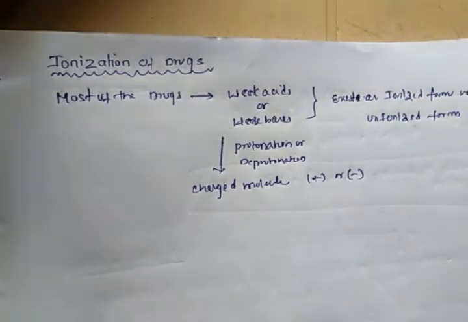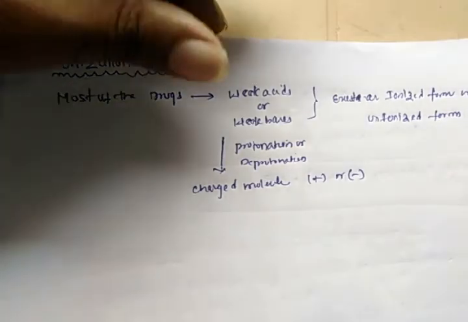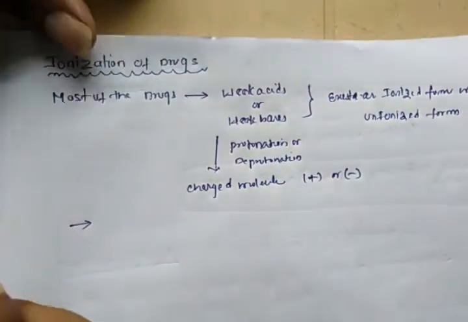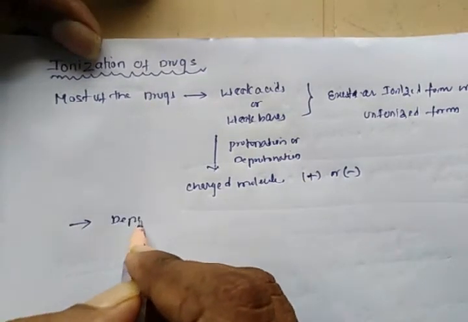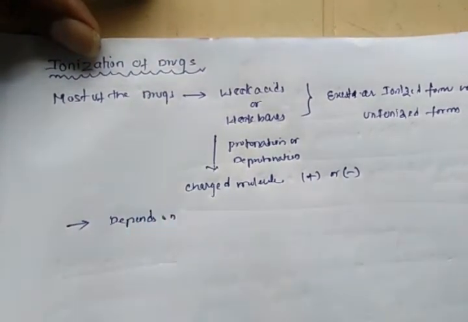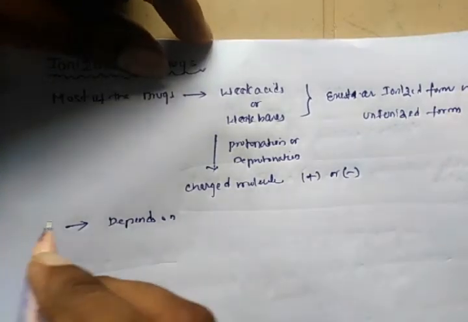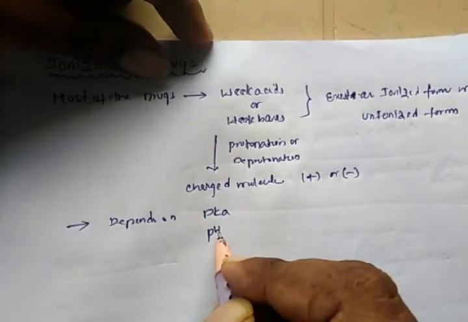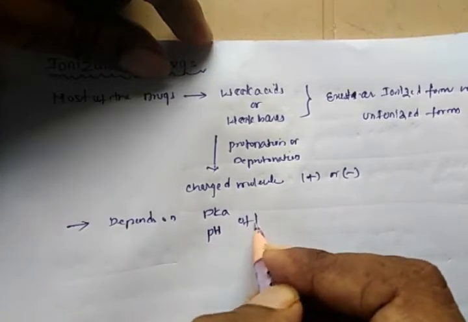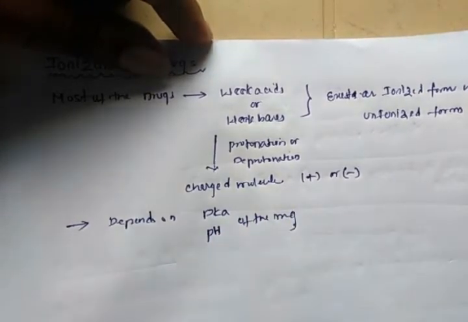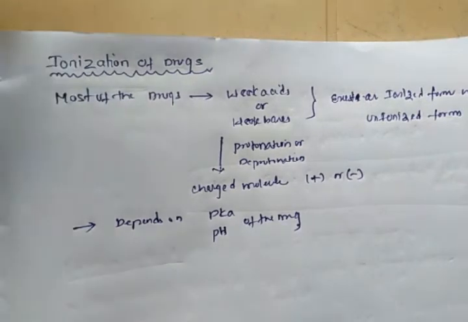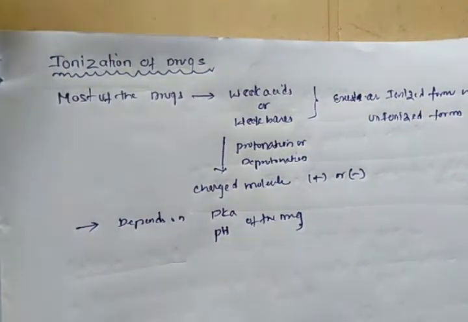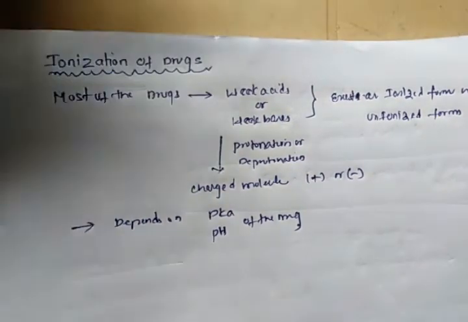So this ionization is a very important parameter. The ionization value of the drug depends upon the pKa and pH of the drug molecule. How? Let me see an example.